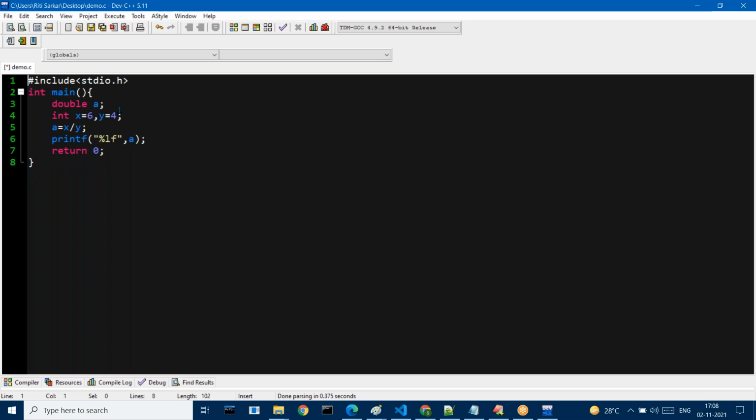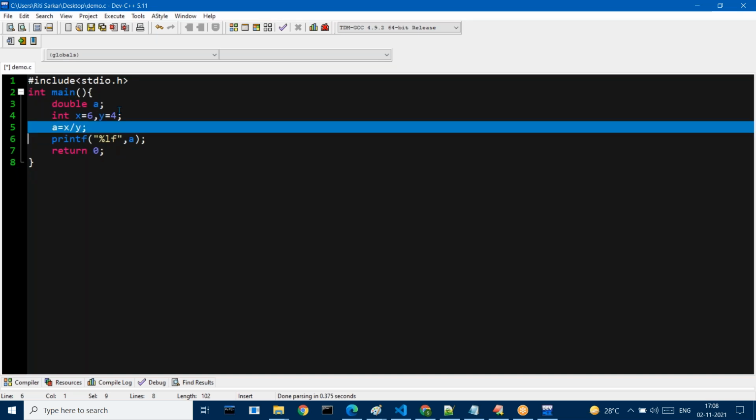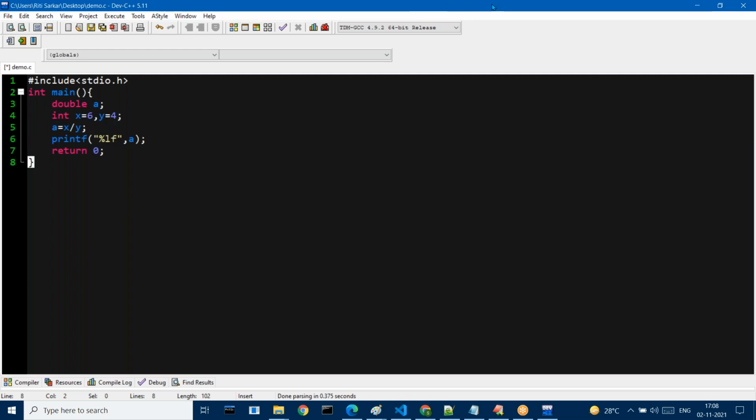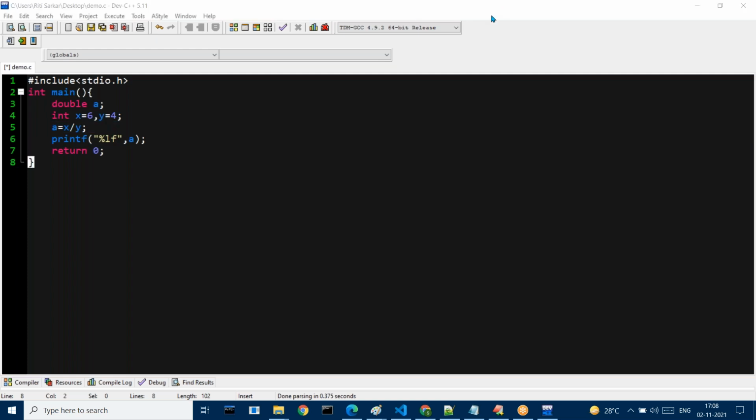What is the output that will come here? This line, no problem. This line also no problem. Third line, simple. X by y means what? 6 by 4. Here what is going to happen? 6 divided by 4. As simple as that.